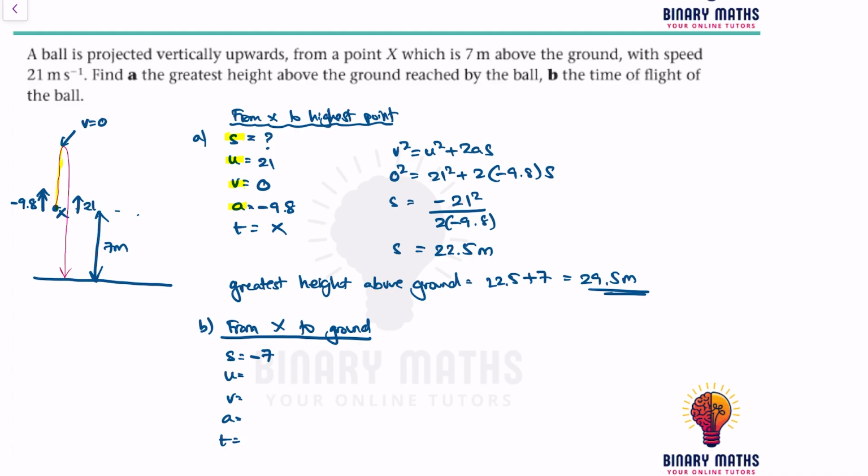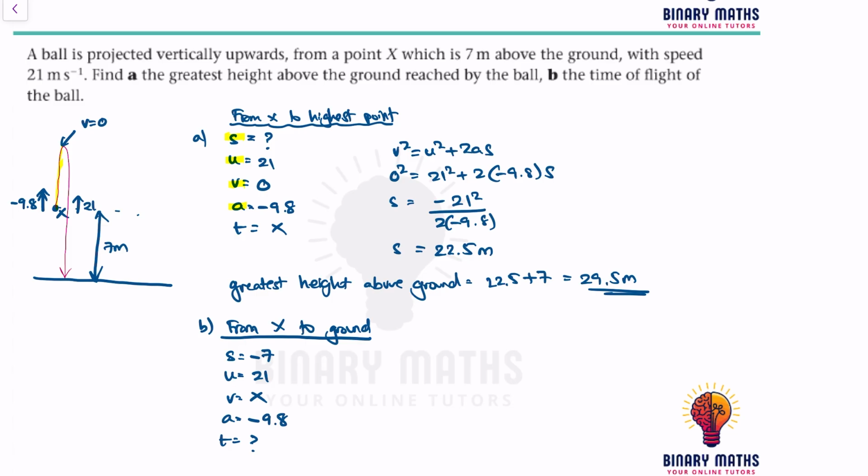Is below. So remember, positive direction was going up, so going down is negative. So minus 7. Initial speed is 21. Final speed, remember, we don't know the speed at which it hits the ground. Acceleration is minus 9.8. And t is what we're looking for, the time of flight.